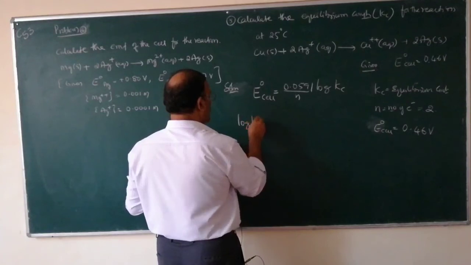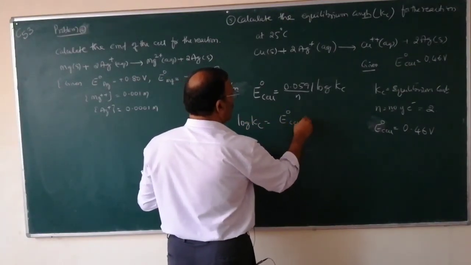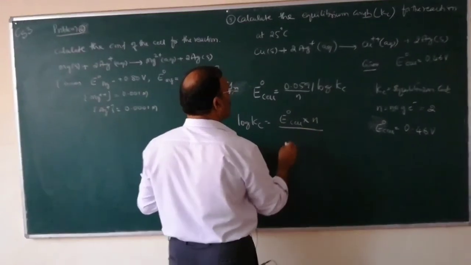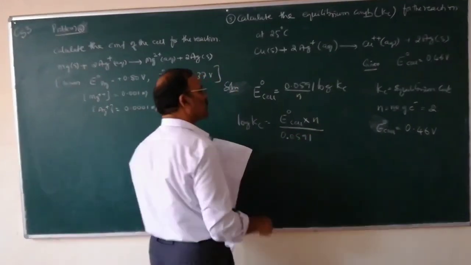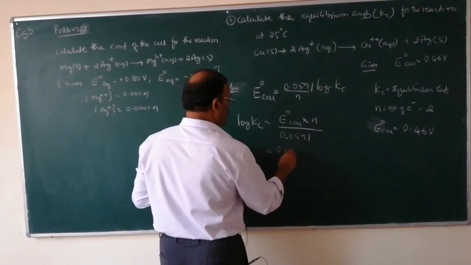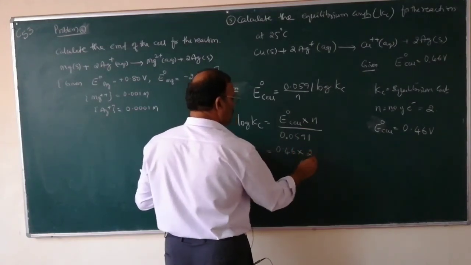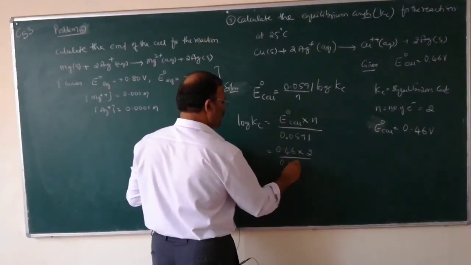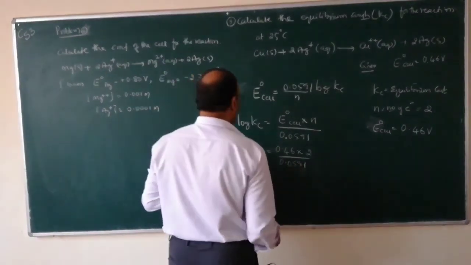We want log Kc is equal to E naught cell into n divided by 0.0591. So what is E naught cell? 0.46 into 2 divided by 0.0591.